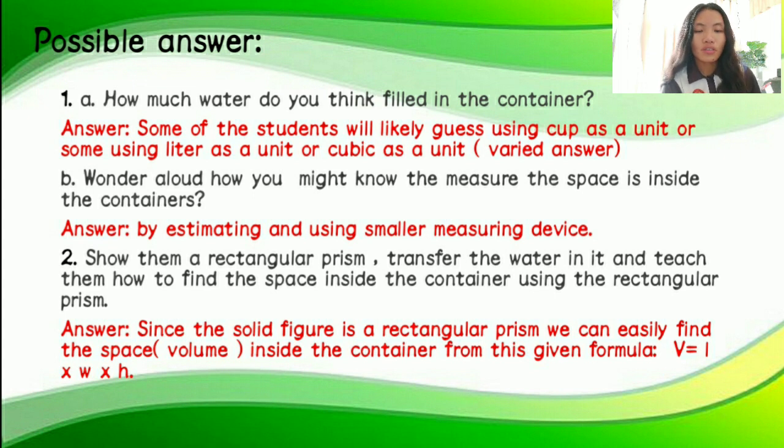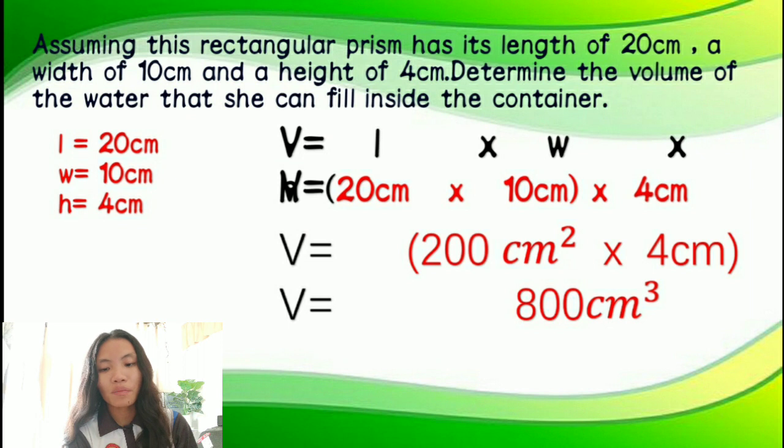Volume is equal to length times width times height. So, for example, assuming this rectangular prism has a length of 20 cm, a width of 10 cm, and a height of 4 cm. Determine the volume of the water that can fill inside the container.